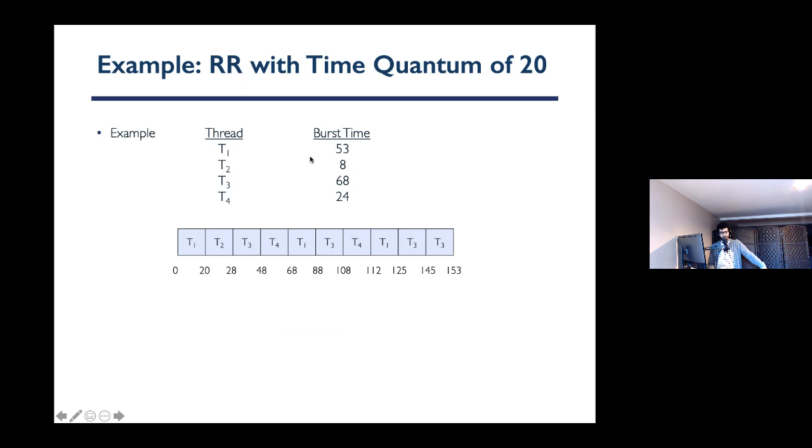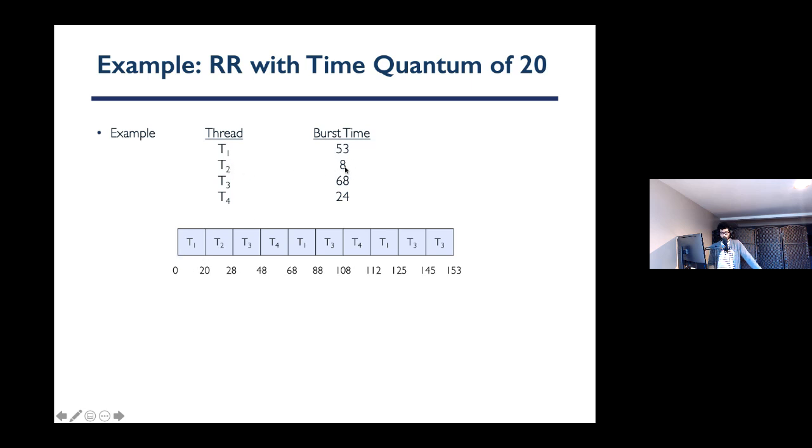So going back, T1 has 53 time units for its burst. T2 is 8, T3 is 68, and T4 is 24. Let's assume that the length of the time quantum is 20. What happens? T1 gets 20, then we switch to T2.